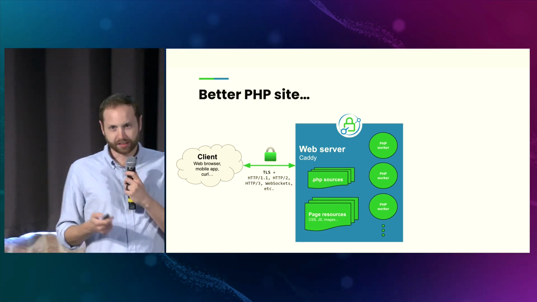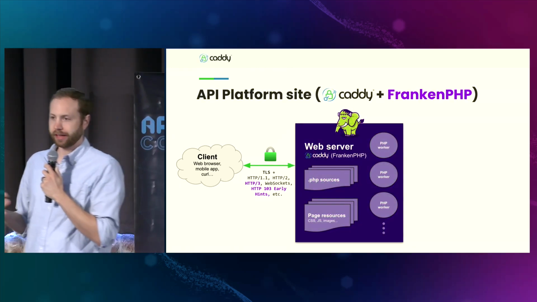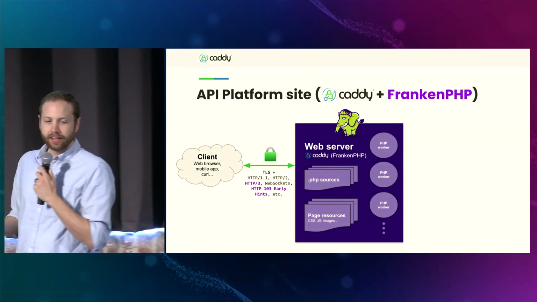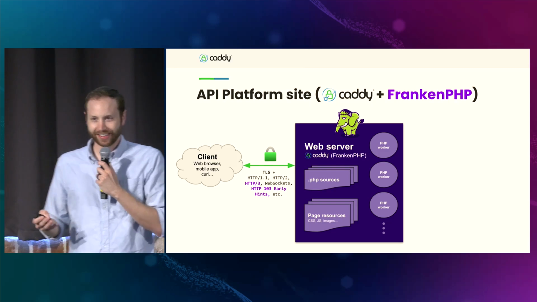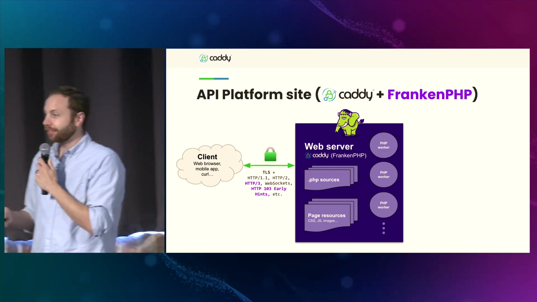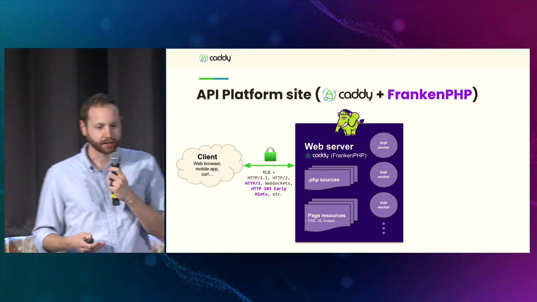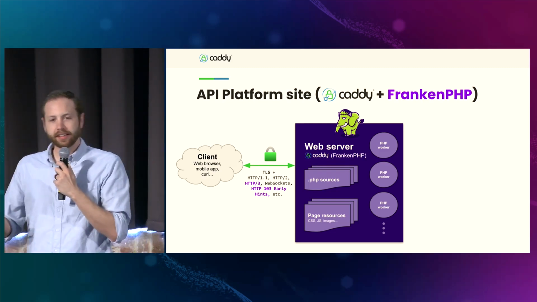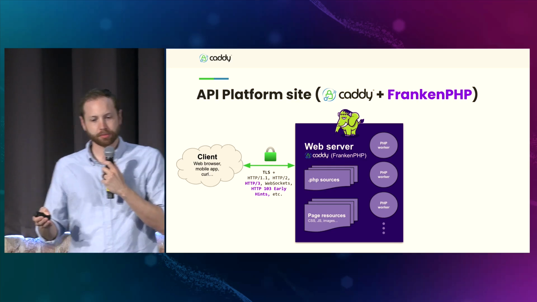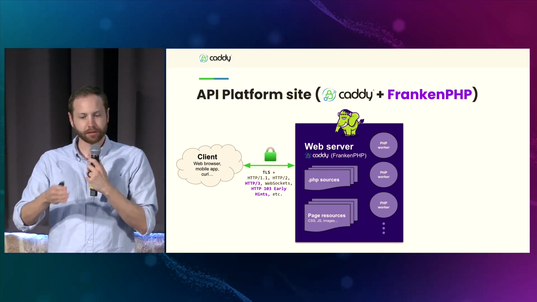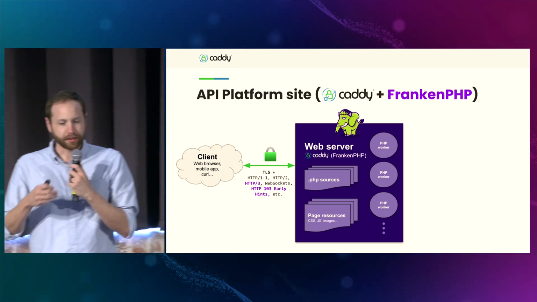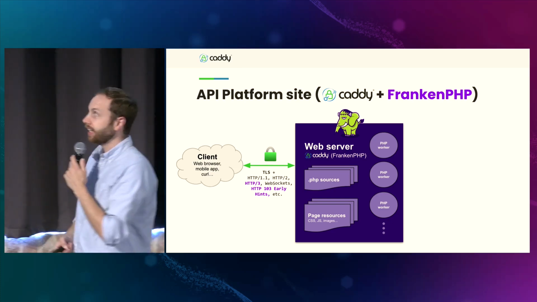And it turns out this is exactly what Kevin and the API Platform team have created, this wonderful monster called FrankenPHP, that uses Caddy as the web server, this Go program, and they've embedded the PHP runtime and interpreters into this Go program. And so now your website is completely self-contained.